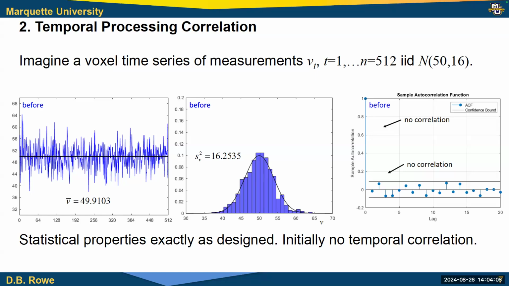Histogram of these measurements, mean of about 50, variance of about 16 by design. I also calculated the autocorrelation function for this time series, and you can see that the time measurements are correlated with themselves, but when you stagger them or take lags, there's really no correlation between the time series and shifting it by 1 or 2 or 3 or 4 and so forth.